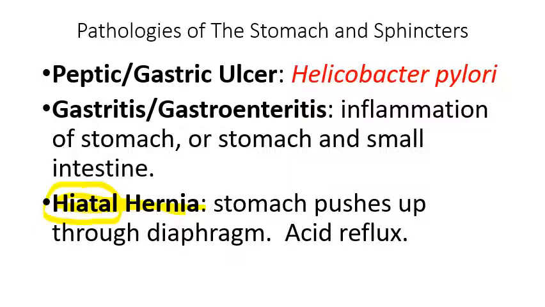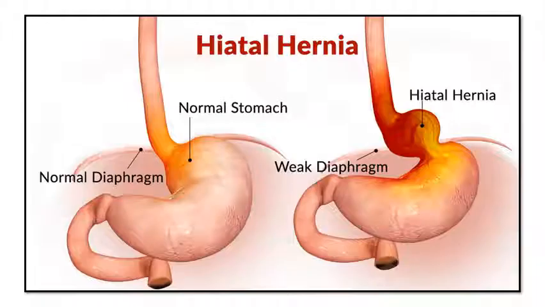And a hiatal hernia is where the stomach pushes its way up through the diaphragm so that you have a little bit of the stomach up in the thoracic cavity. If you have this great big stomach bulge forcing its way up through the diaphragm, the cardiac sphincter has a hard time closing, and so you tend to have really chronic long-term acid reflux.